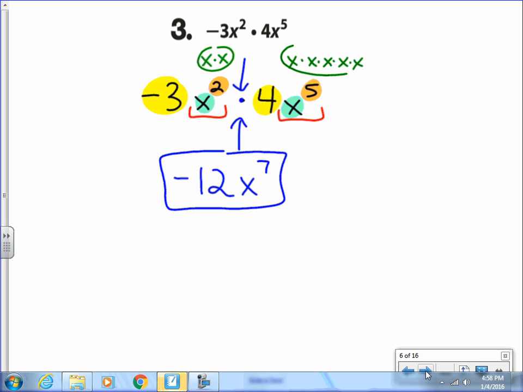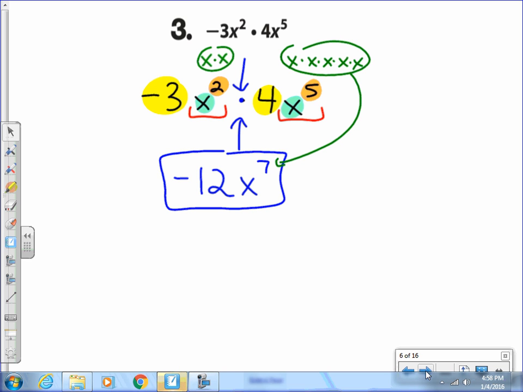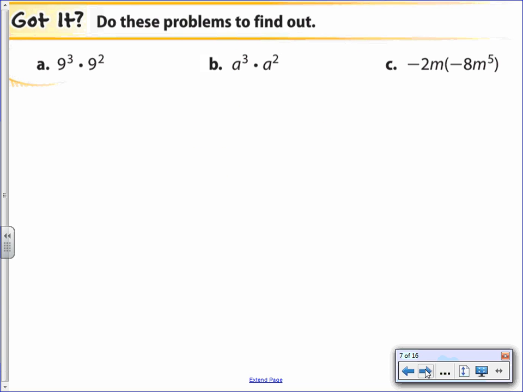There's 2, there's 5, oh yeah, it's 7. Notice that the exponents of the original equation are equal to the end exponent here. All right?